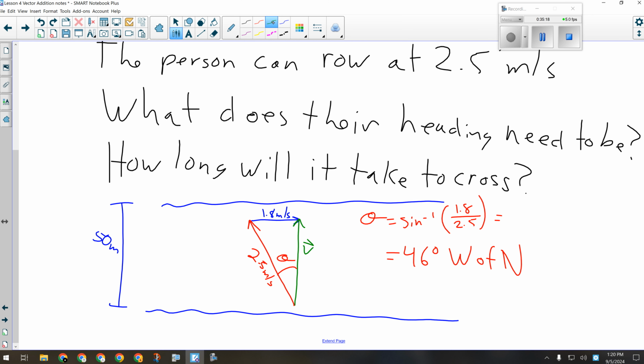So green V is going to be, I'm looking for the adjacent side, and I have the hypotenuse and the angle. So 2.5 times the cos of 46.